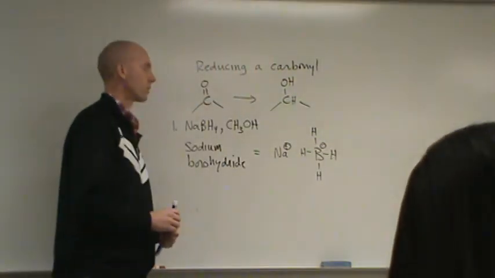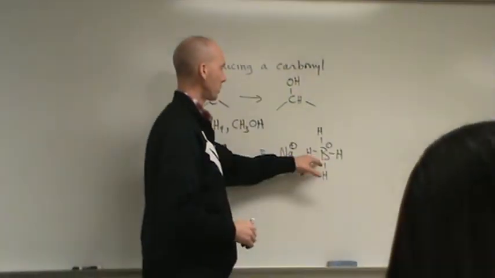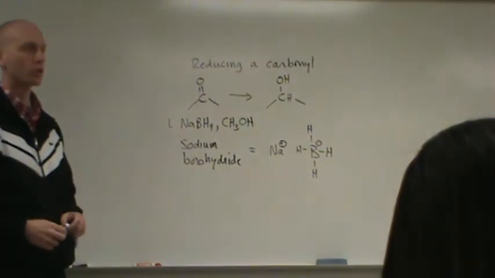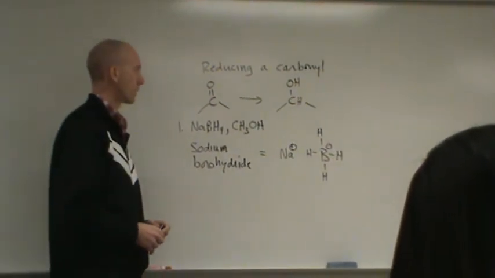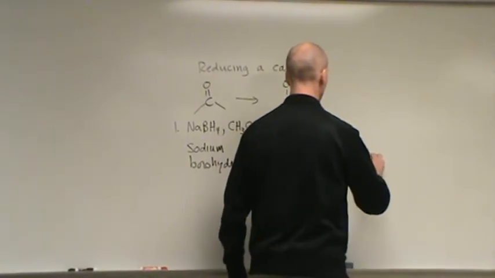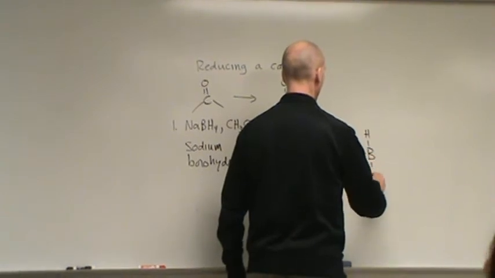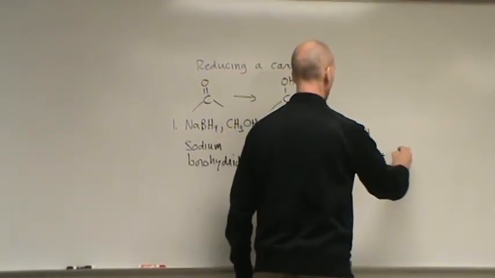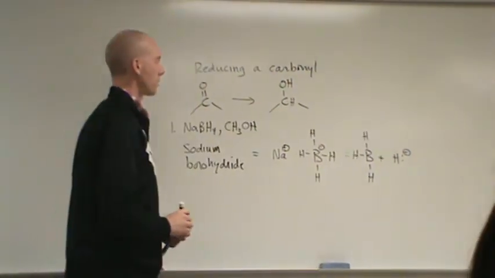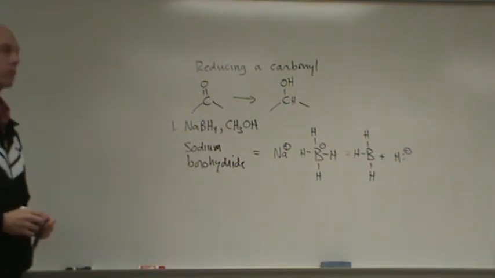You get this here: 4 hydrogens on the boron, and the boron gets a negative charge. Boron would like to go back to neutral, and so it would like to give off a hydrogen with a lone pair.